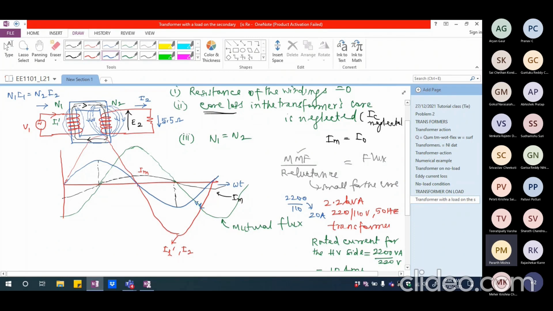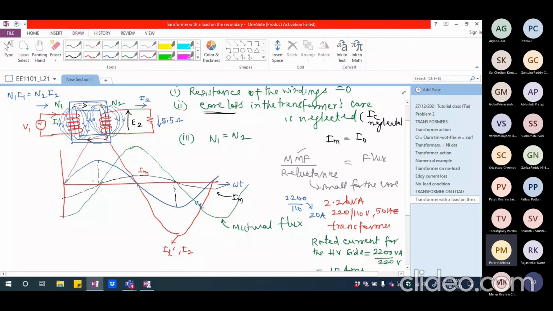You are going to have the leakage flux somewhat like this for the primary. So we are going to see that there is some amount of leakage set up in the transformer's magnetic circuit only after the load current starts flowing. And after the load current starts flowing, both primary and secondary will have their own leakage fluxes set up.